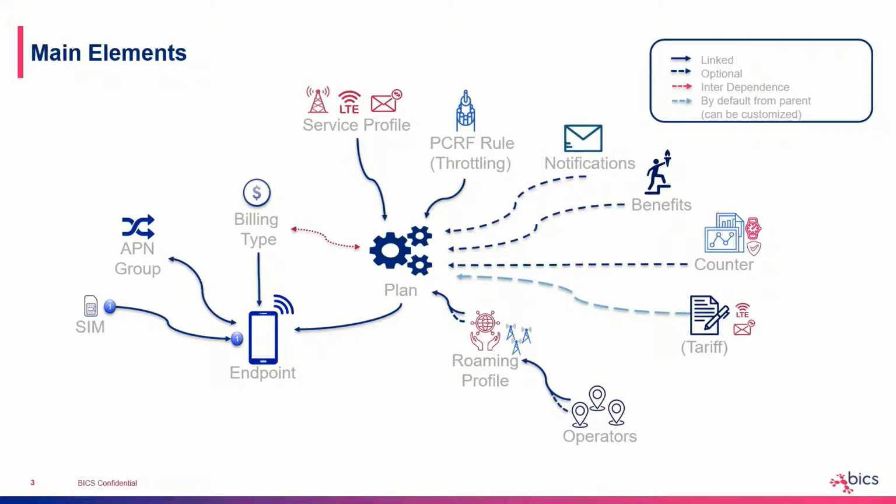The tariffs are defined per service, data and SMS, and per rate zones, which are a set of operators grouped together per country regions. Typically, you can, for instance, define one price for all operators belonging to the EU27 region.